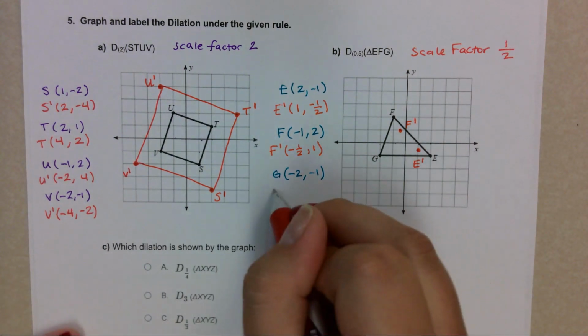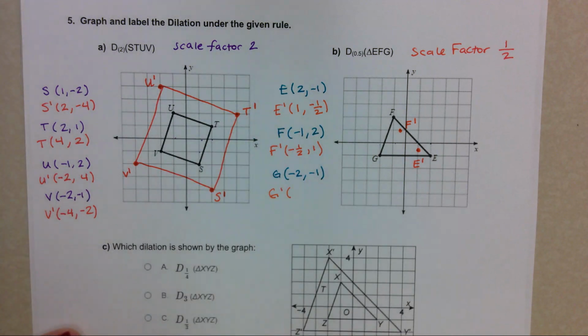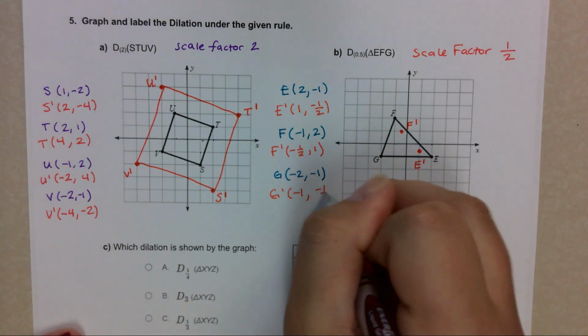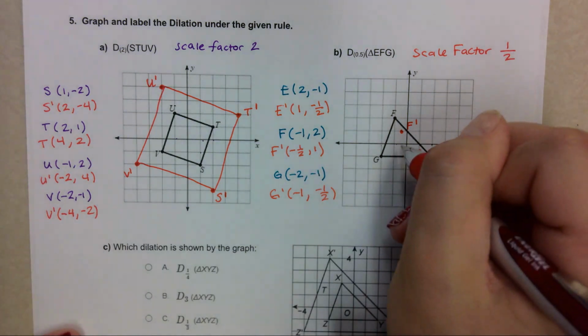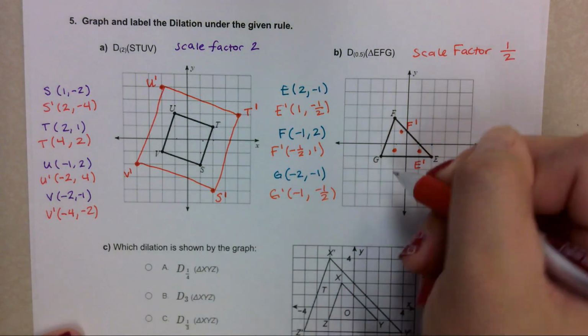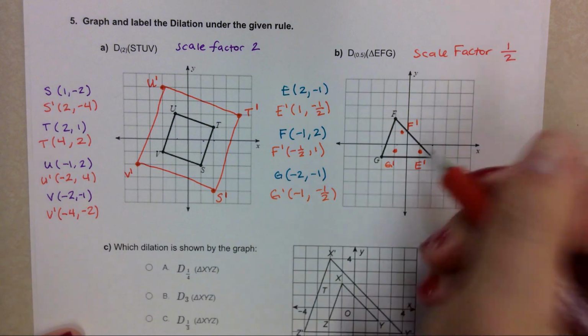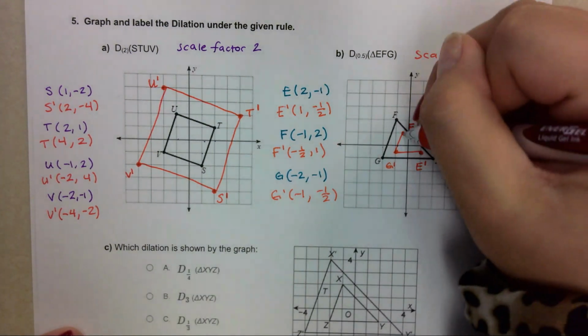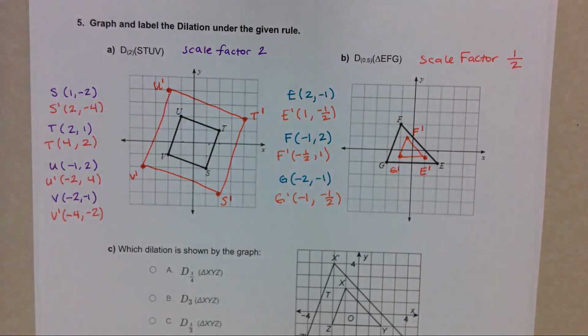And then G prime is going to be -2 times half, which is -1, -1 times half, which is -1/2. So there's G prime, and then I'm going to draw my image. Okay. All right, very good.